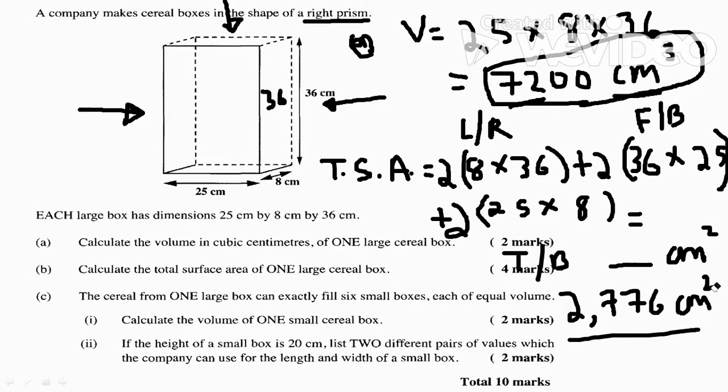All right? Because area, you know why it's squared? Let me show you something. Let me show you why it is always squared. Let us say I have a rectangle here, right?